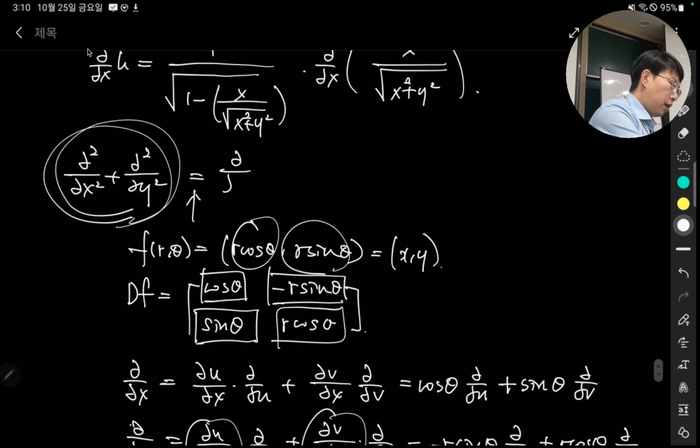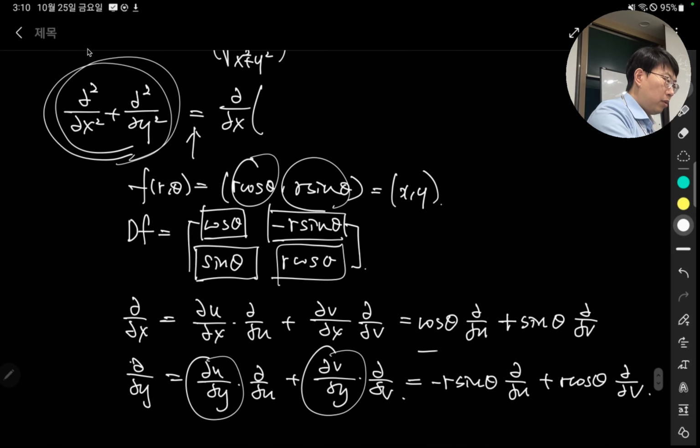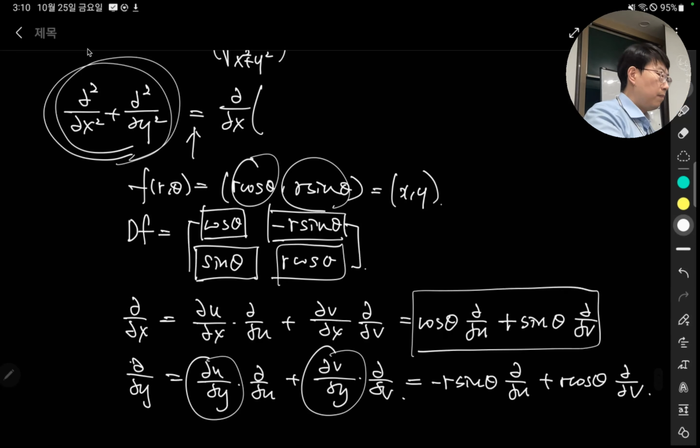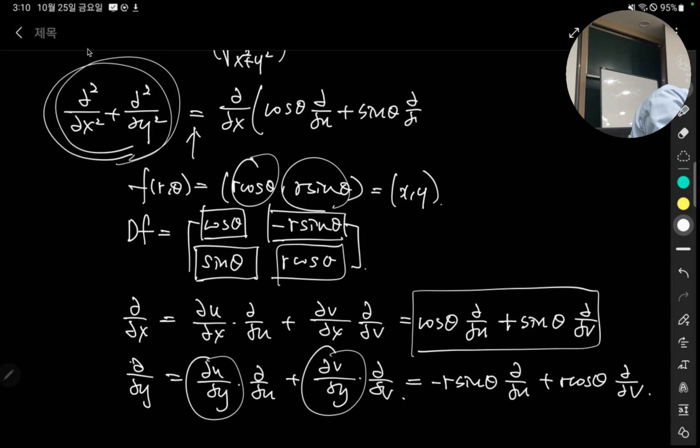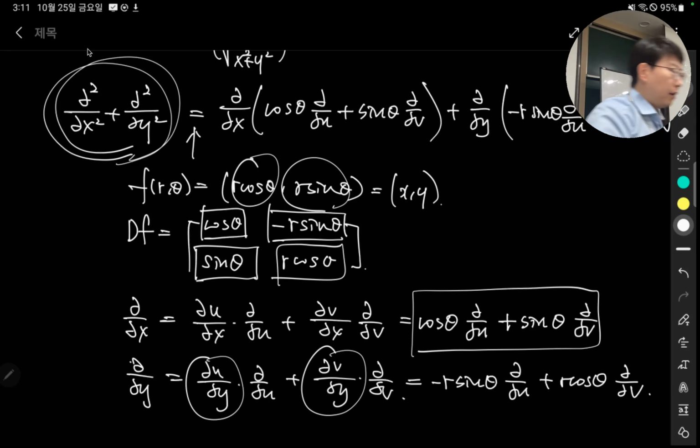Okay. So what we are doing here is trying to get this one. It's the same thing as taking del x on del x, but del x can be written as the sum of del u and del v. So we can put the cosine theta del u and sine theta del v. And then the same thing here, del y on minus r sine theta del u and r cosine theta del v.